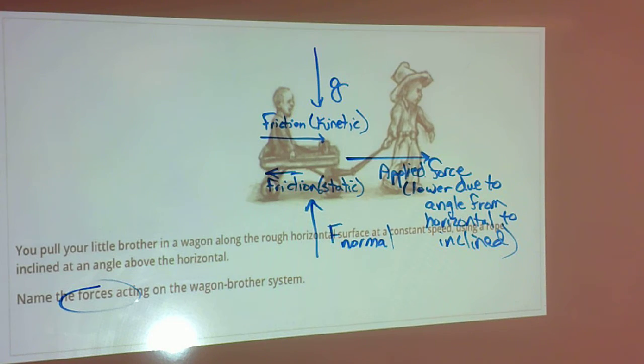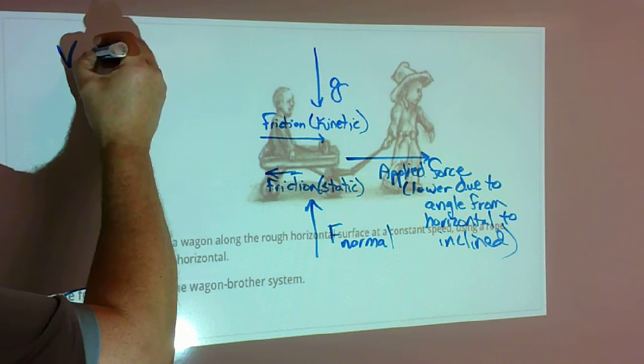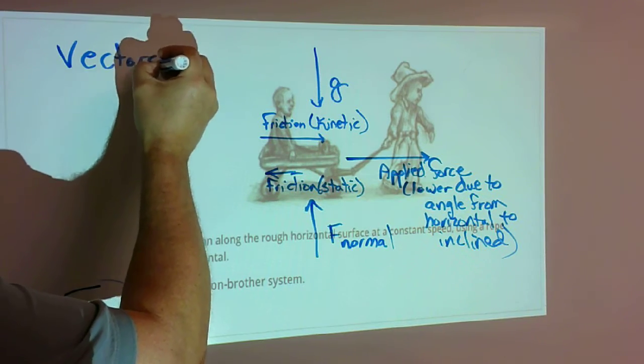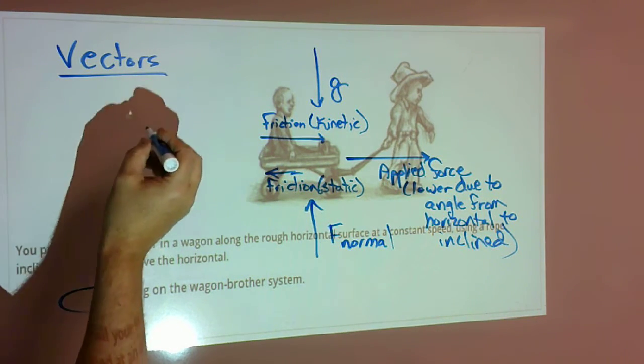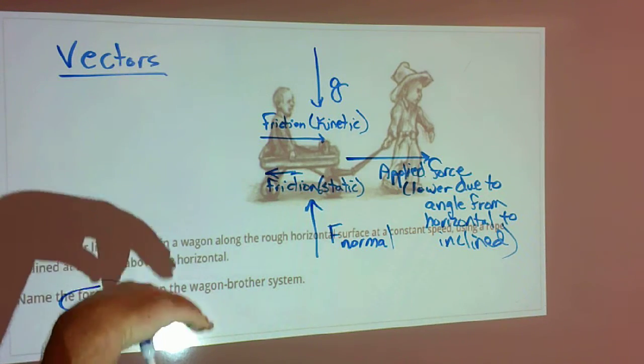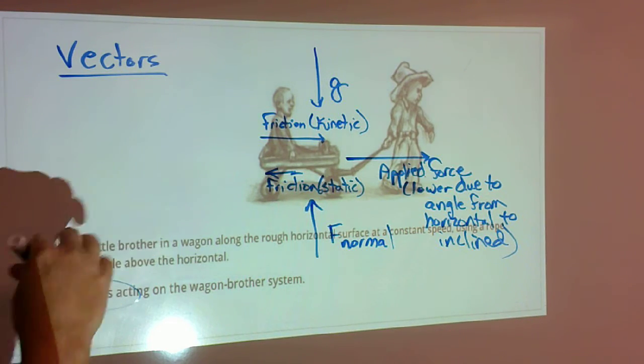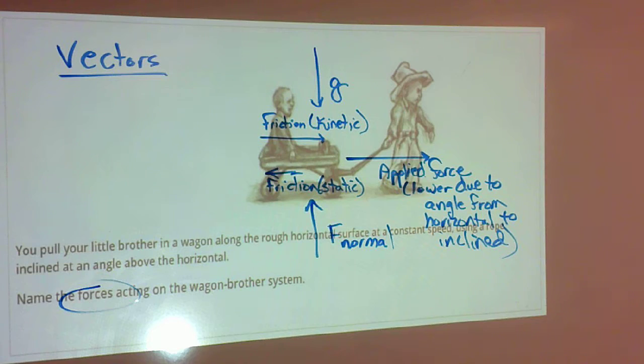So if you are doing your vector arrows, so here are my vectors, you're going to do it based on the general forces that are acting on this. You can put in your arrows, and they've got to be pointing in the correct direction. I'm just trying to remember how we're going to do this as far as a vector arrow.